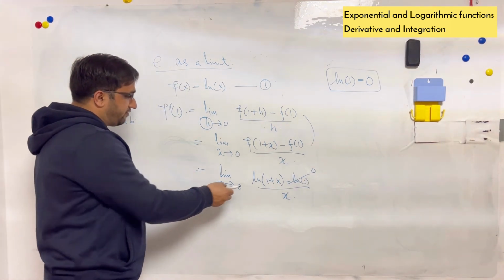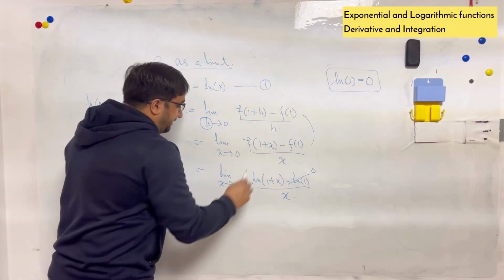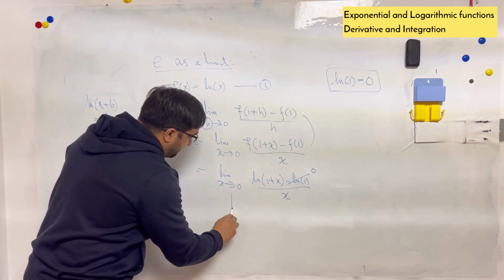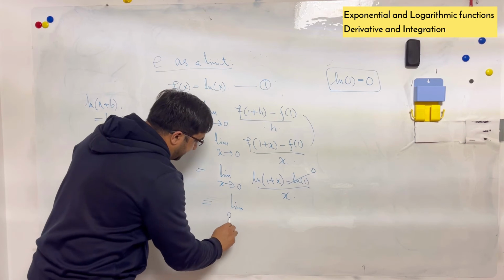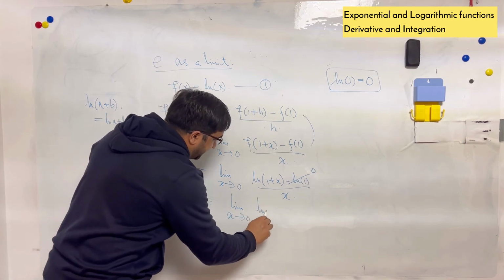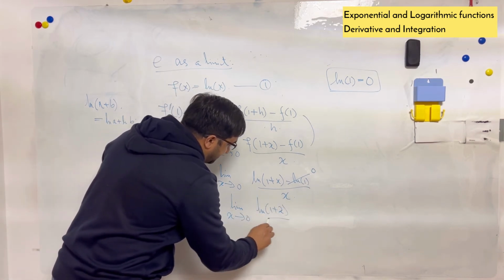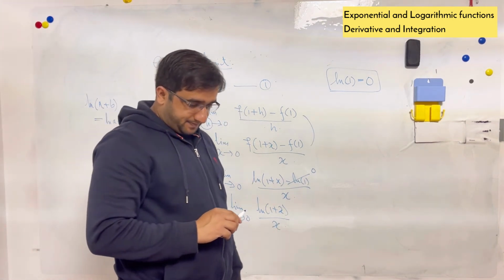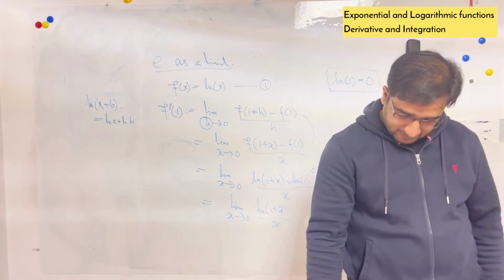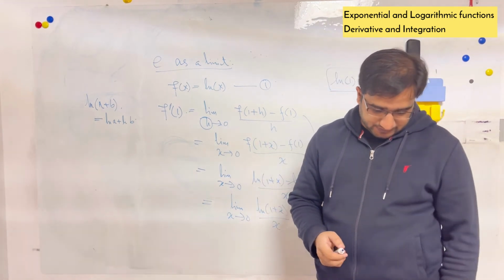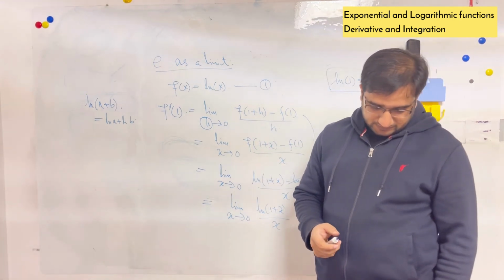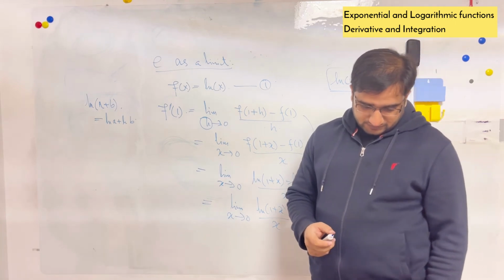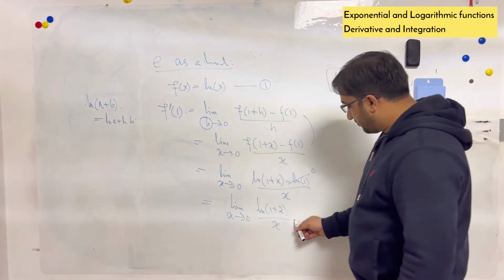But so far we don't need to apply it. If you remove that, it becomes limit x approaching 0, ln of 1 plus x divided by x. What next? Okay, this is equation 1.